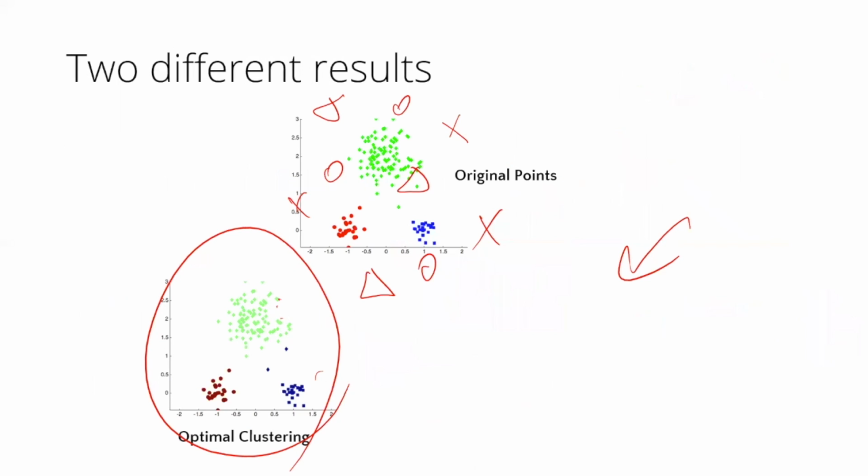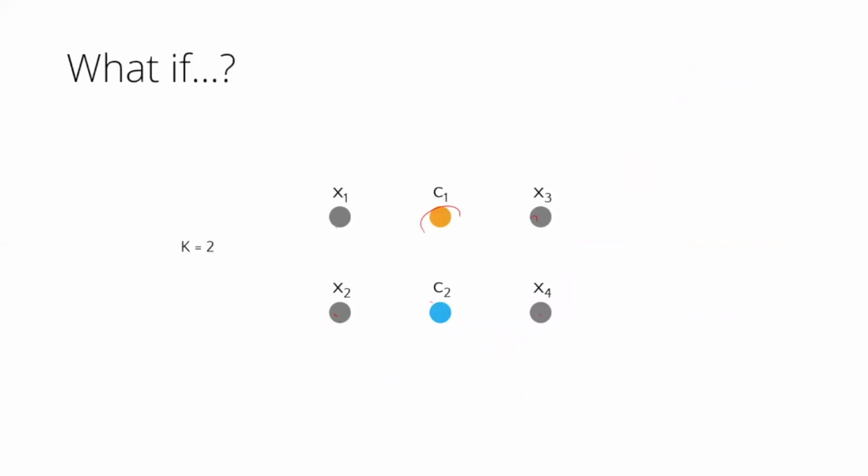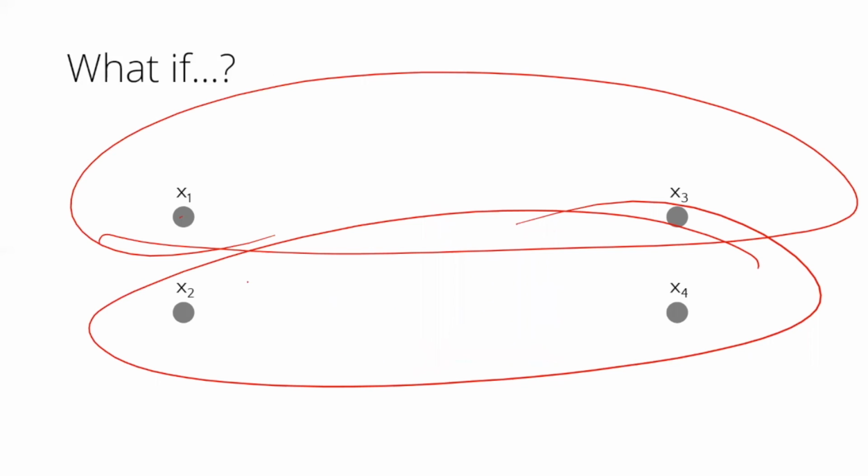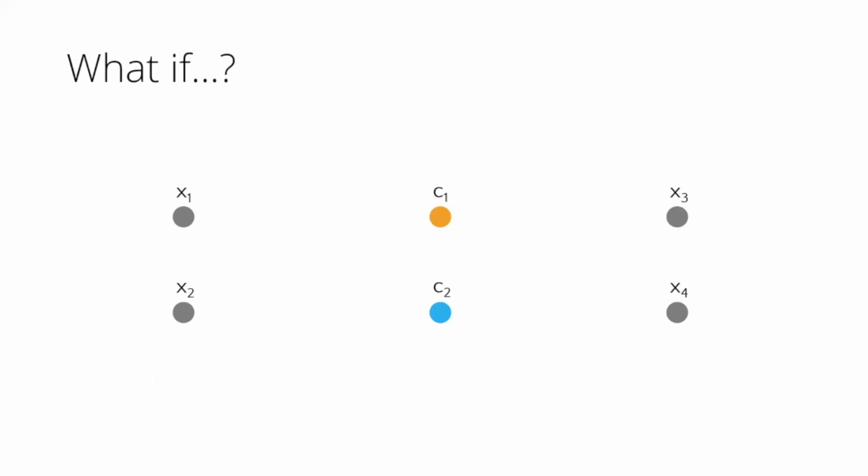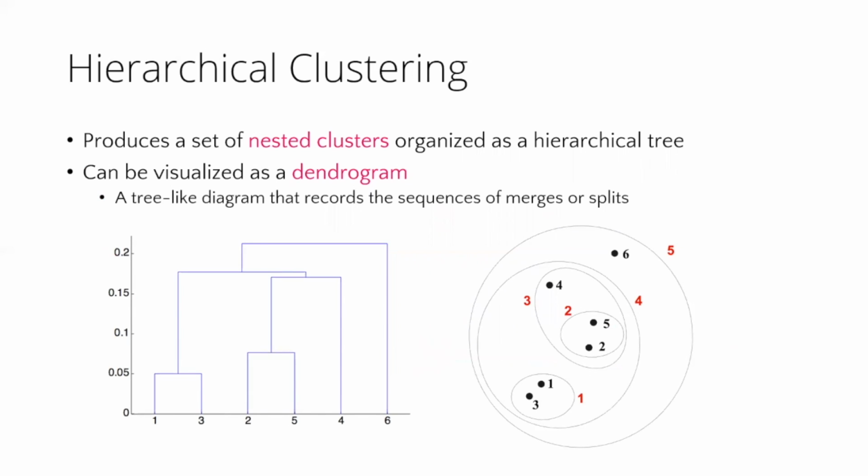The main takeaway from what we just discussed is that K-means is very sensitive to initialization, and there's a good chance that the solution converges to a suboptimal solution. And finally, determining K is not always straightforward. Those are the three main disadvantages of K-means clustering.